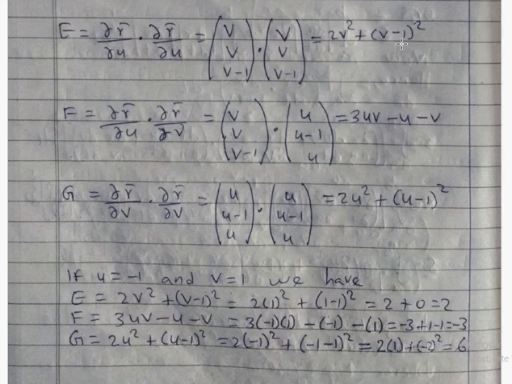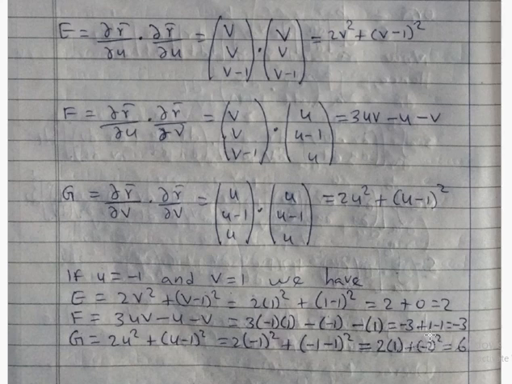For F we have 3 into bracket negative 1 into bracket 1, minus into bracket negative 1, minus into bracket 1, and this simplifies to negative 3 plus 1 minus 1, which is negative 3.